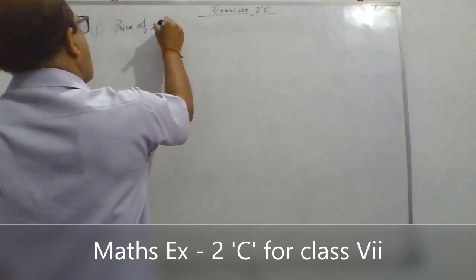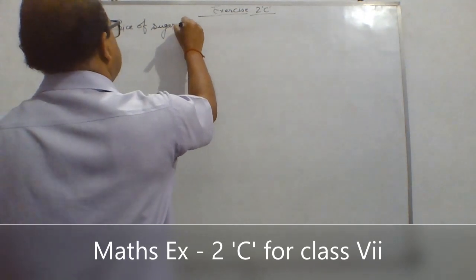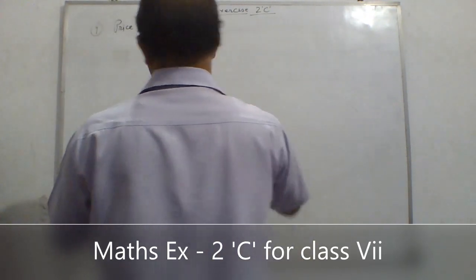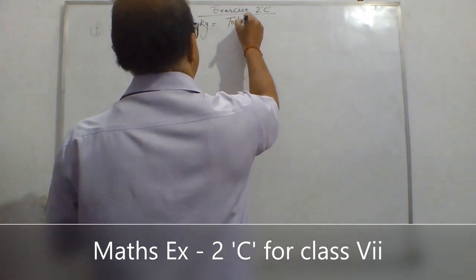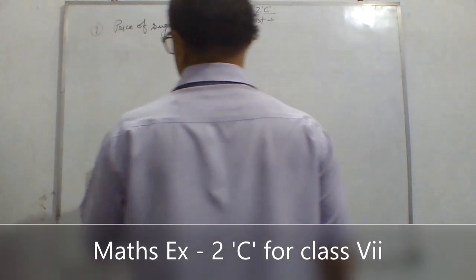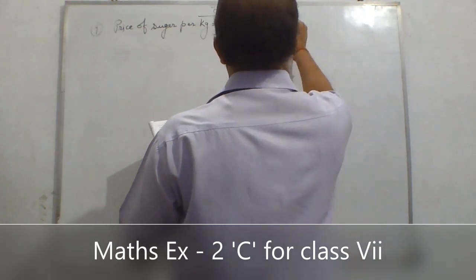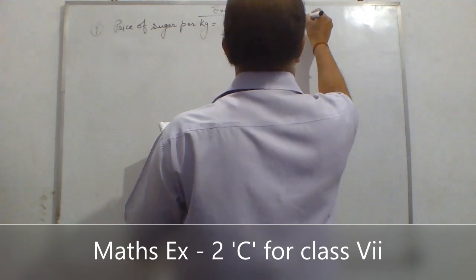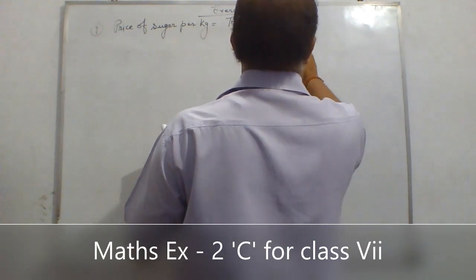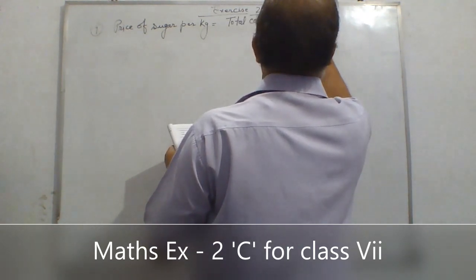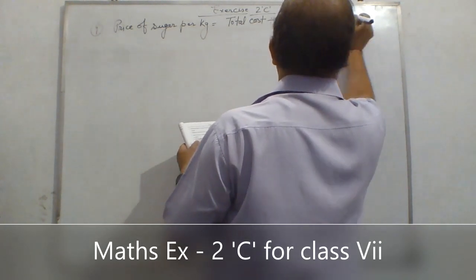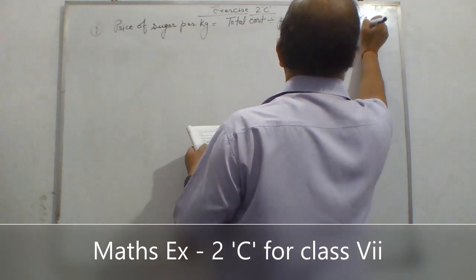Price of sugar per kg is equal to total cost divided by purchased sugar in kg.